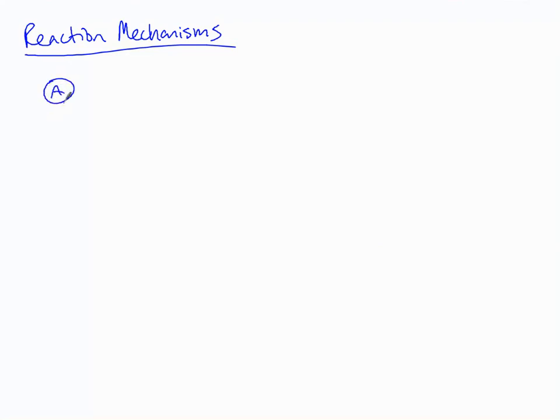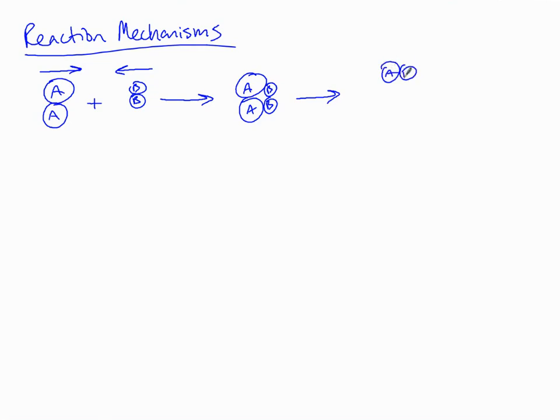So two molecules, and you've got some little arrows here that are coming in towards each other, and we end up with something that looks like this. And then we end up with this.